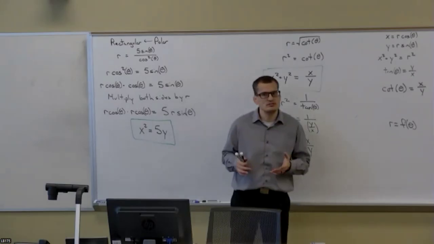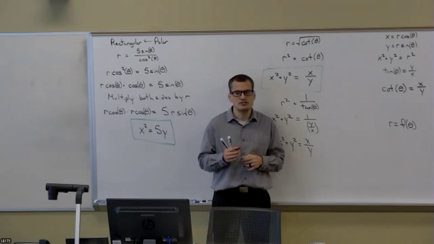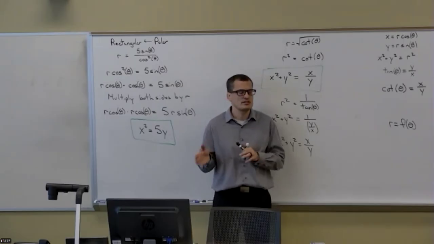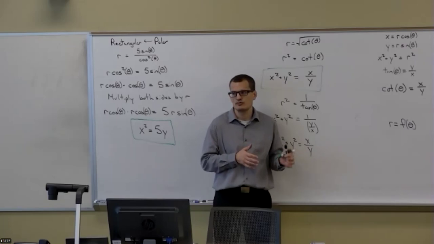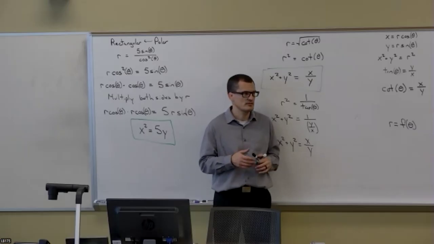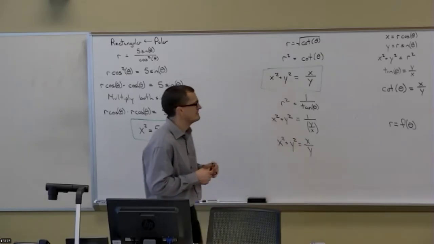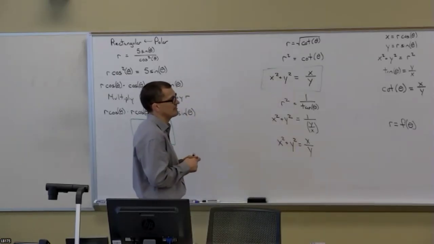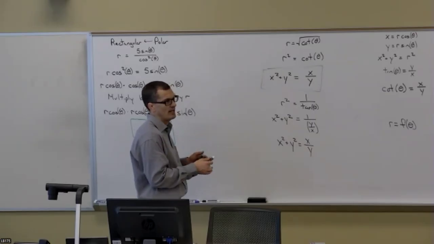And what I haven't touched on, but is also true, is that some equations in polar form, it's nearly impossible to convert back into rectangular form. If you tried that, it'd be extremely difficult and extremely messy. So there are certain instances where converting from rectangular to polar gets extremely messy, and vice versa.